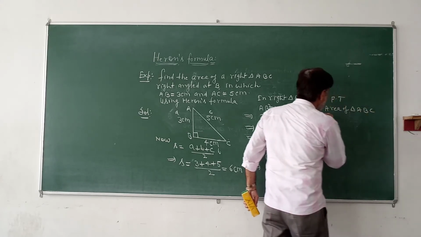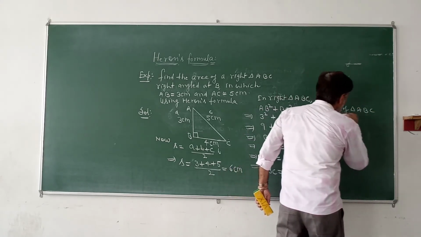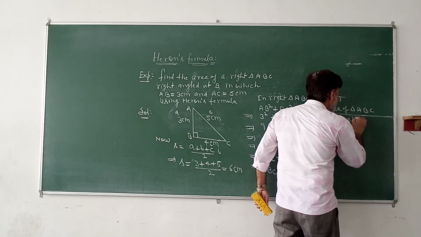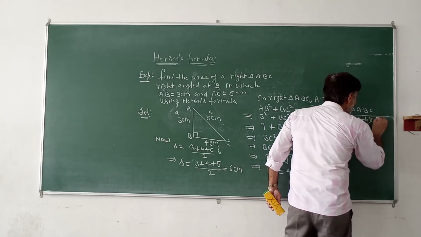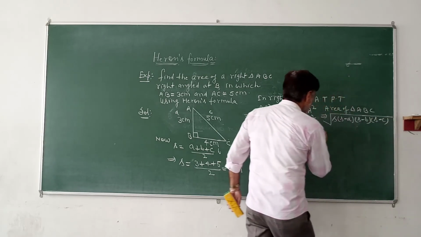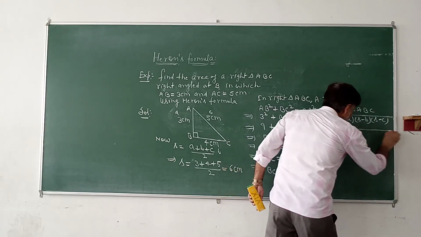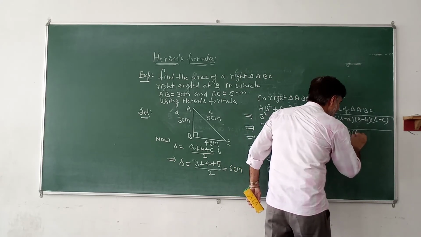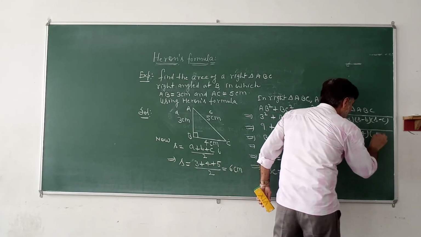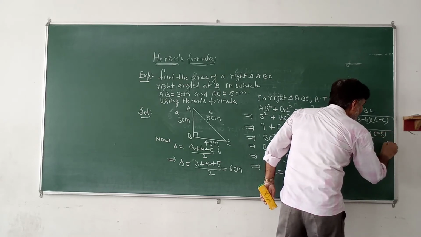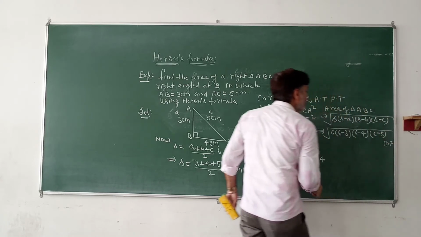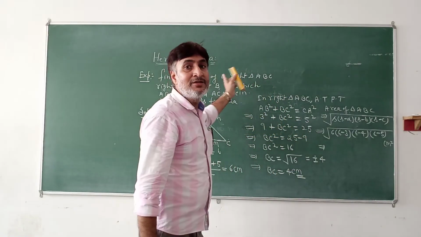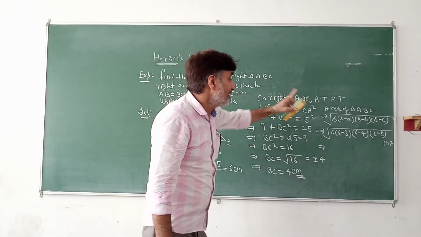And now the area of this triangle ABC becomes square root of s into (s minus a) into (s minus b) into (s minus c). So it becomes 6 into (6 minus 3), (6 minus 4) and (6 minus 5), this much centimeter square. Since lengths of sides are given in centimeter, the area is in centimeter square.